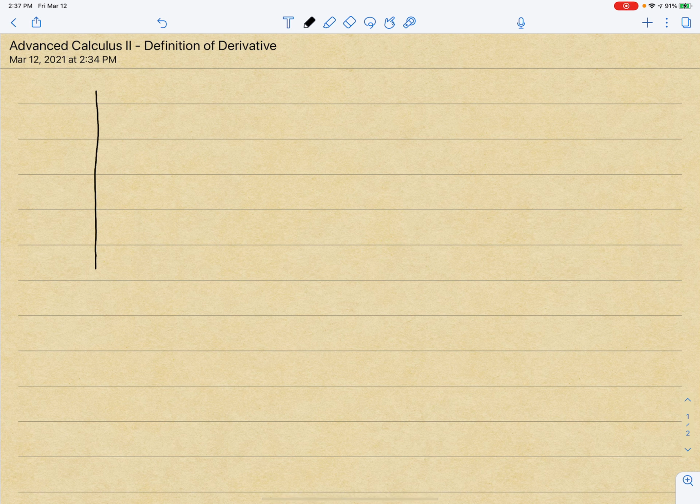So let's suppose we have a graph of some function f of x. That is going to look like this. F of x, x, like this. So I'm going to have a few special points here.